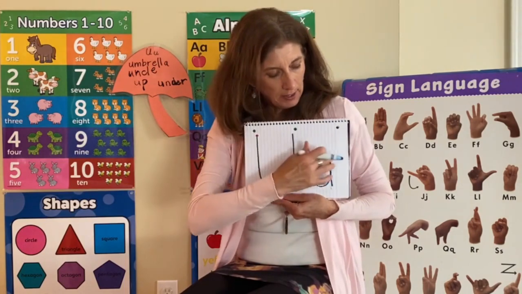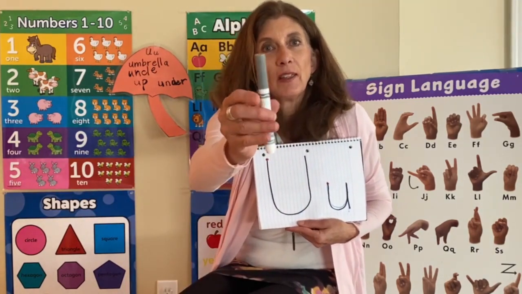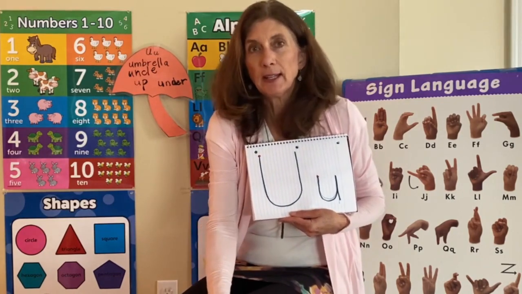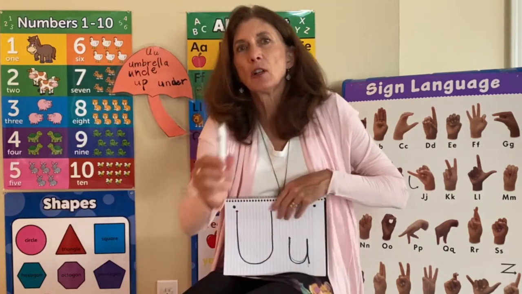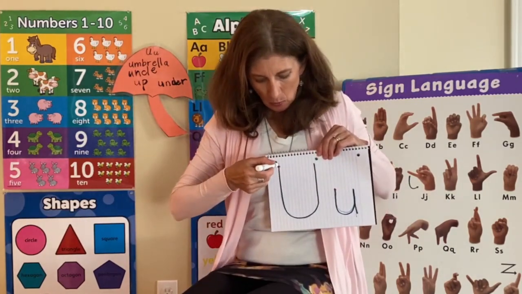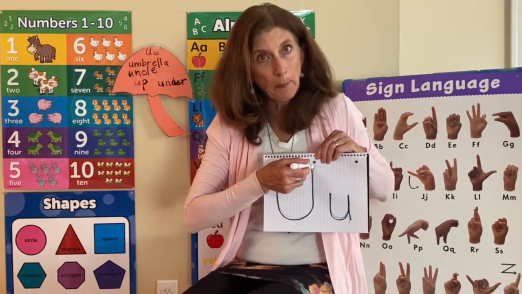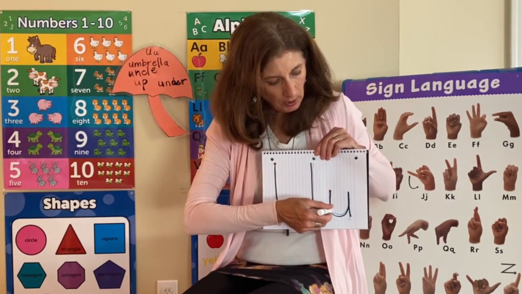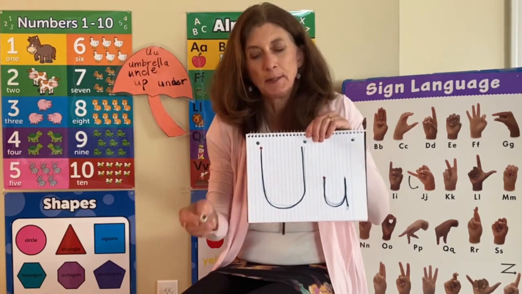It has a line by the side of it. Now I have this color. That's gray. It's the color of an elephant, right? We start at the dot and we go down and we go back up. We start at the dot and we go around and up and then down with a line on the side.